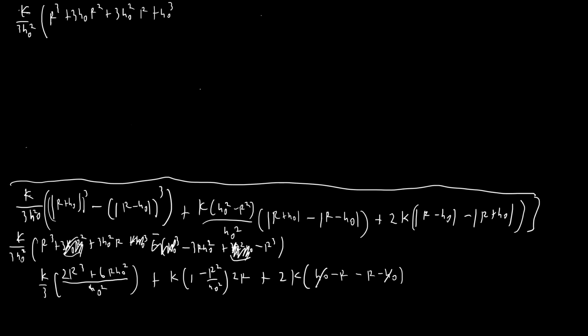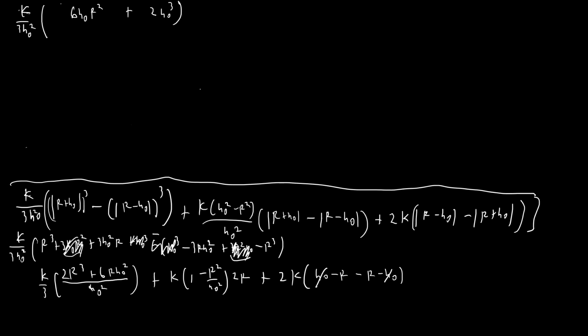It's just going to be R minus h0 cubed. And I'm going to go ahead and simplify this now so that I can save space. So as you can see, this R is going to cancel. This h0 squared R is going to cancel. And the rest of this will just end up adding together. And so that's what's going to be for that first term.